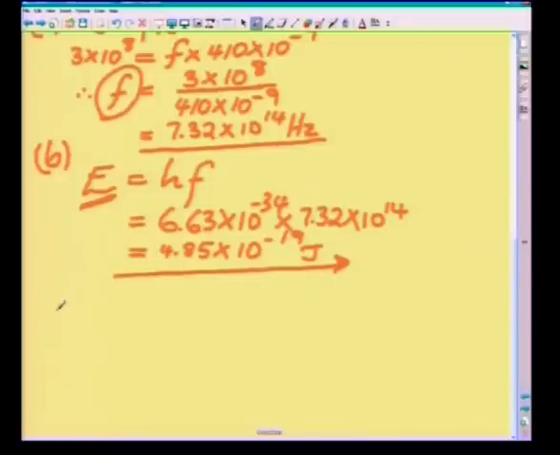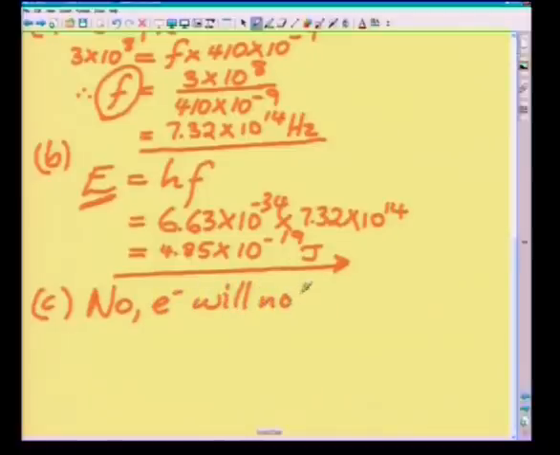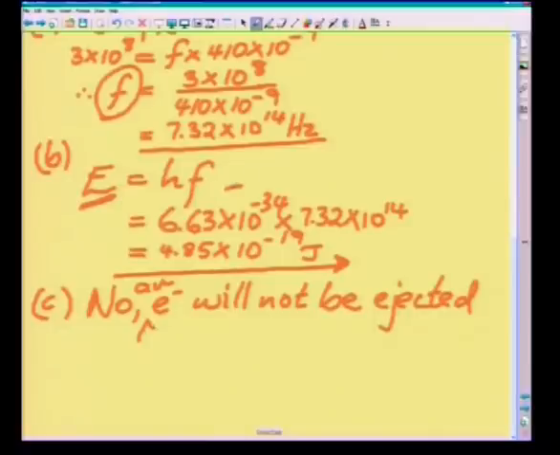Will electrons be ejected? No. An electron will not be ejected, because it's just one photon of violet light.